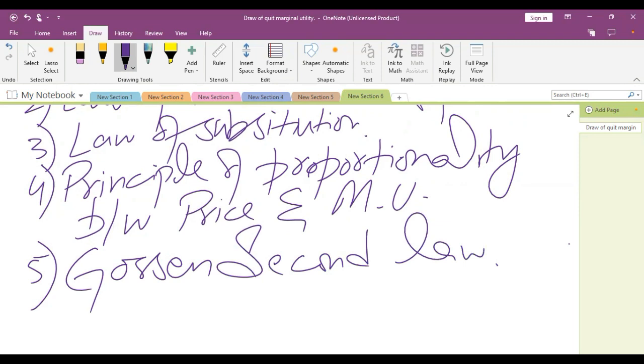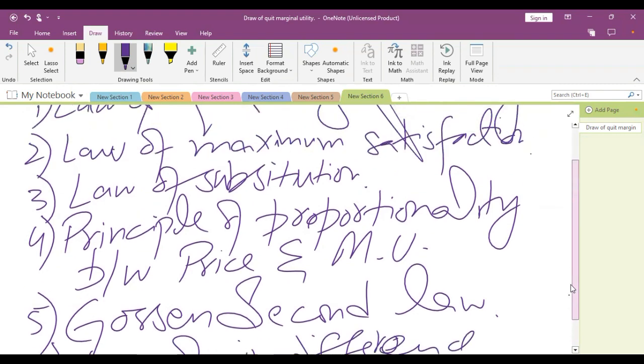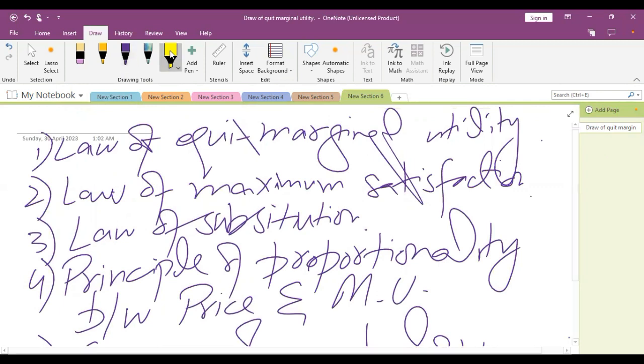And the last name that can also be used here is Law of Indifference. So these are the 6 different names that can be used in exams by the examiner.